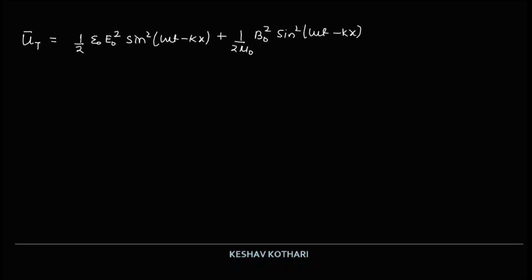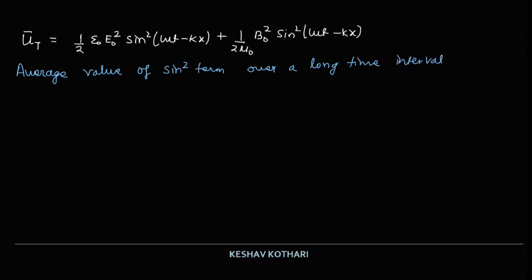Now if we consider the average value of the sine square function over a long interval of time, then the value is equal to half, and hence I can say that the average value of the total energy density can be written as half of epsilon naught E naught square, the sine square term is put as half, and 1 by 2 mu naught B naught square, and again the sine square function is put as half.